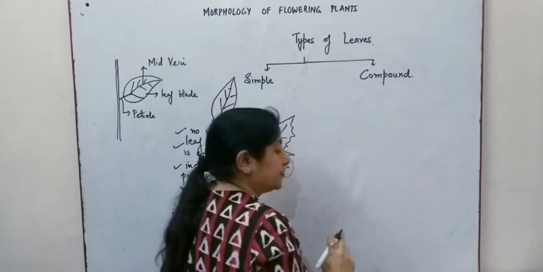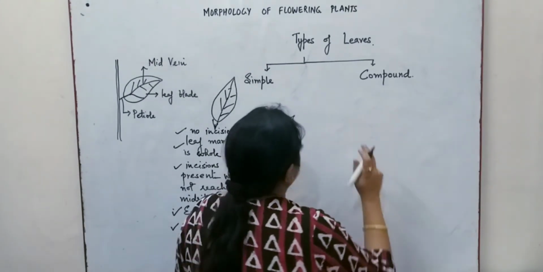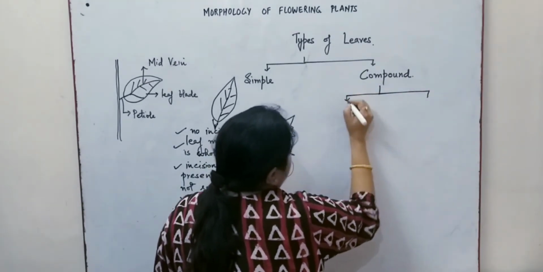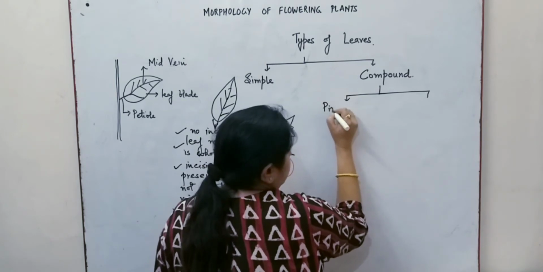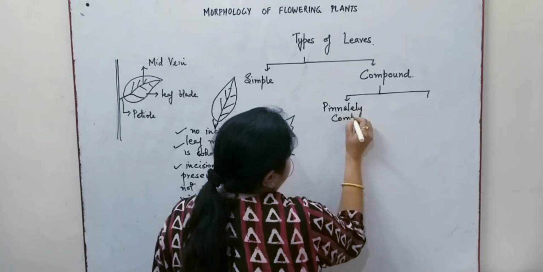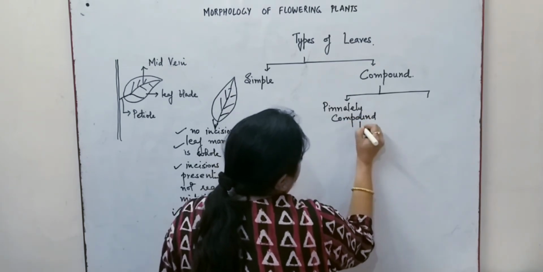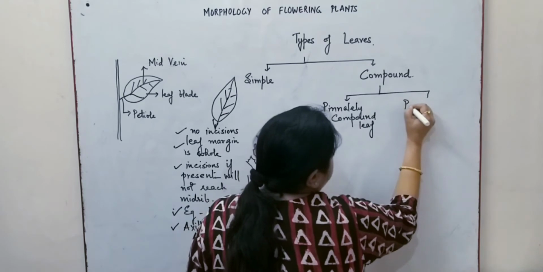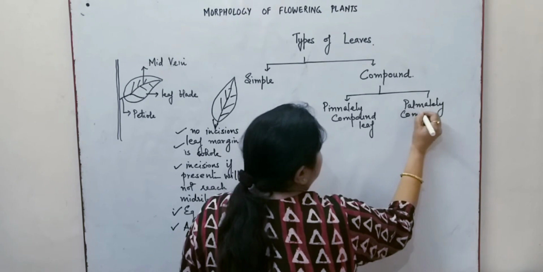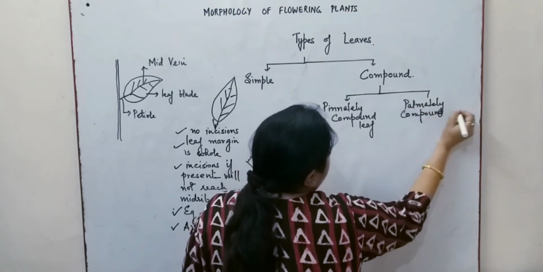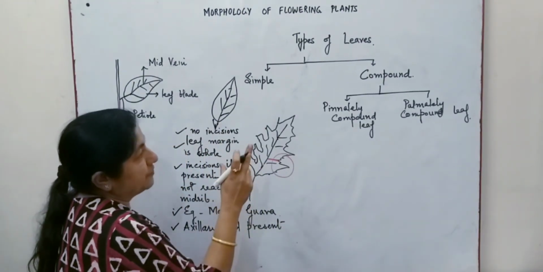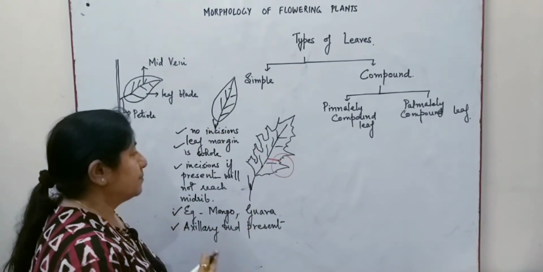When we talk of the compound leaves, the compound leaves are further classified as pinnately compound leaves or palmately compound leaves. Now, as we have already understood, a compound leaf will show incisions up to the midrib.